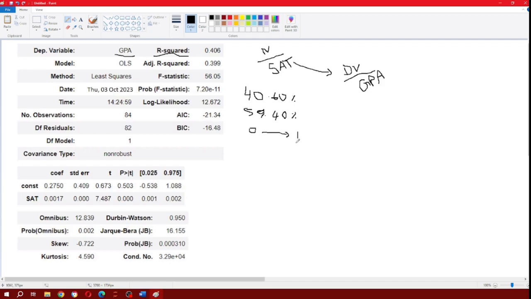You will most likely not get an absolute 1 or an absolute 0, so you would expect something between 0.1 and 0.9. That's something that you'd expect.